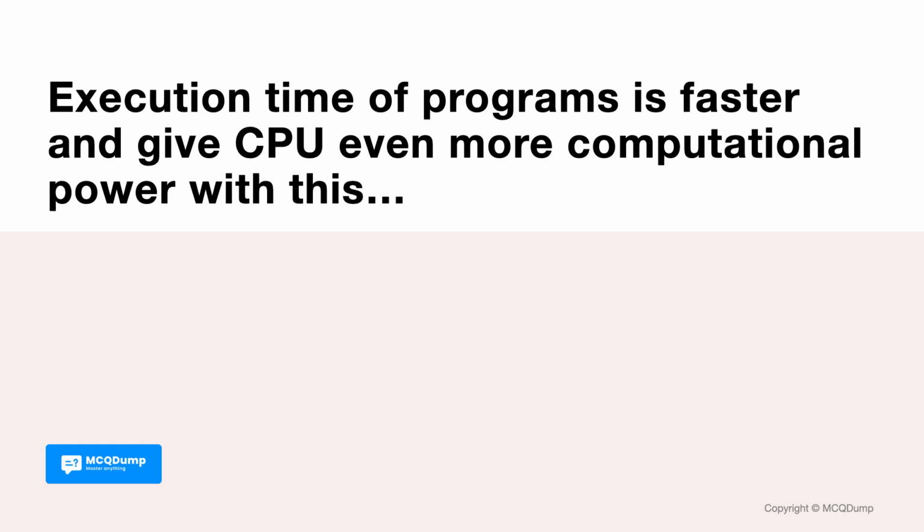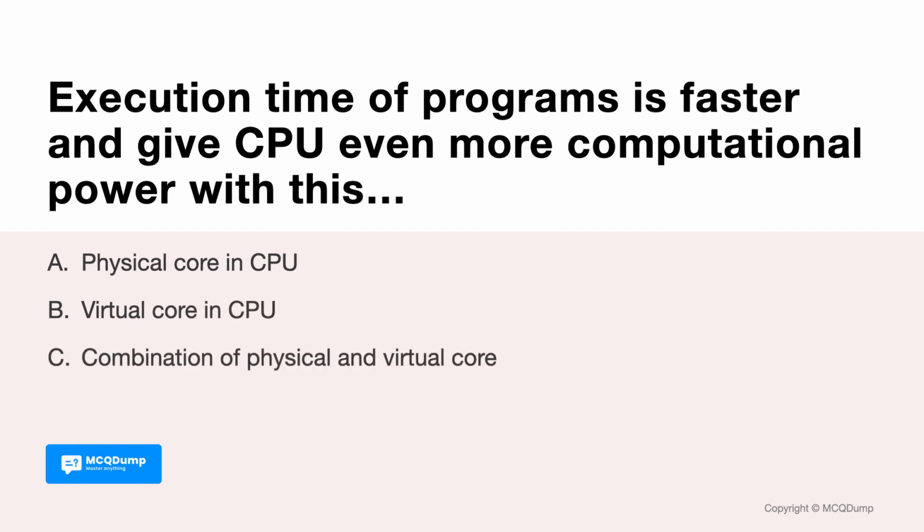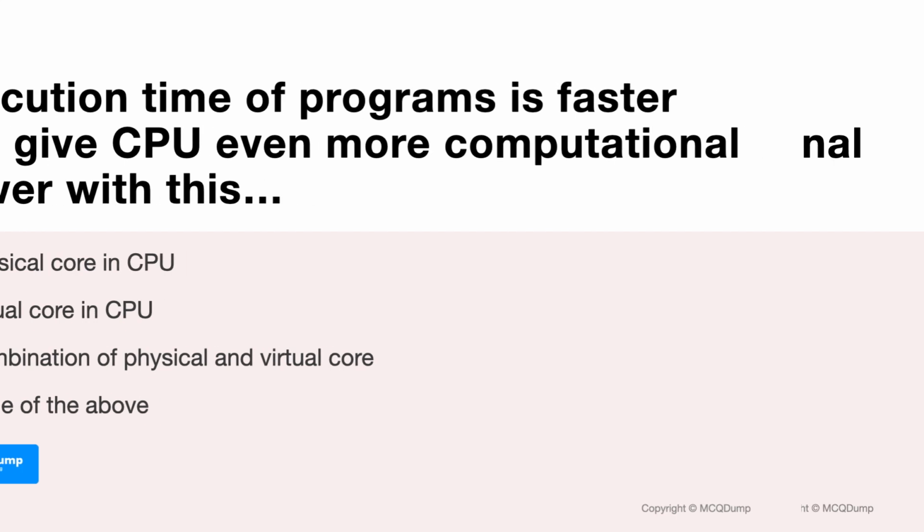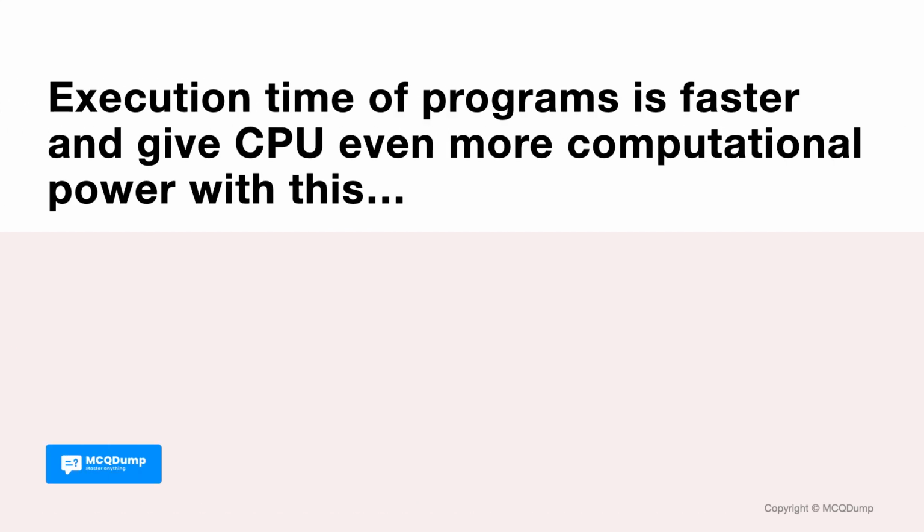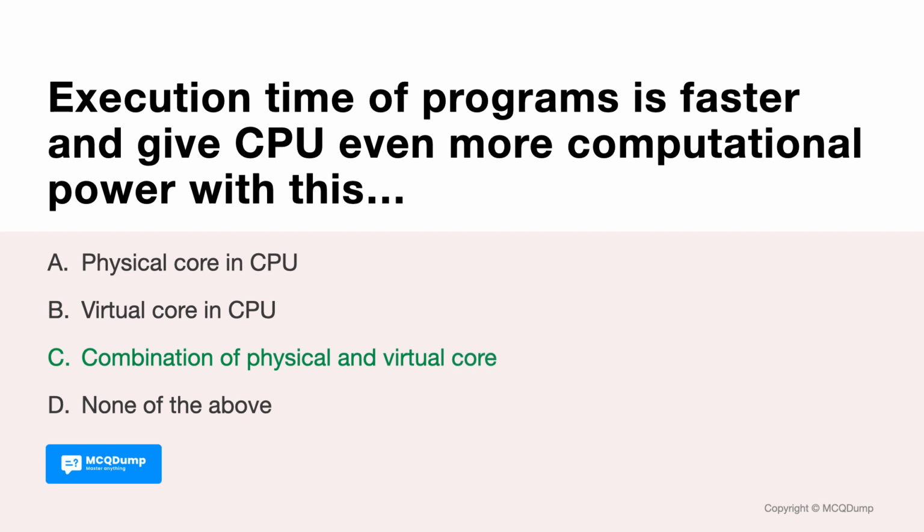Execution time of programs is faster, and give CPU even more computational power with this. Options are A. Physical core in CPU, B. Virtual core in CPU, C. Combination of physical and virtual core, and D. None of the above. Answer is C. Combination of physical and virtual core.